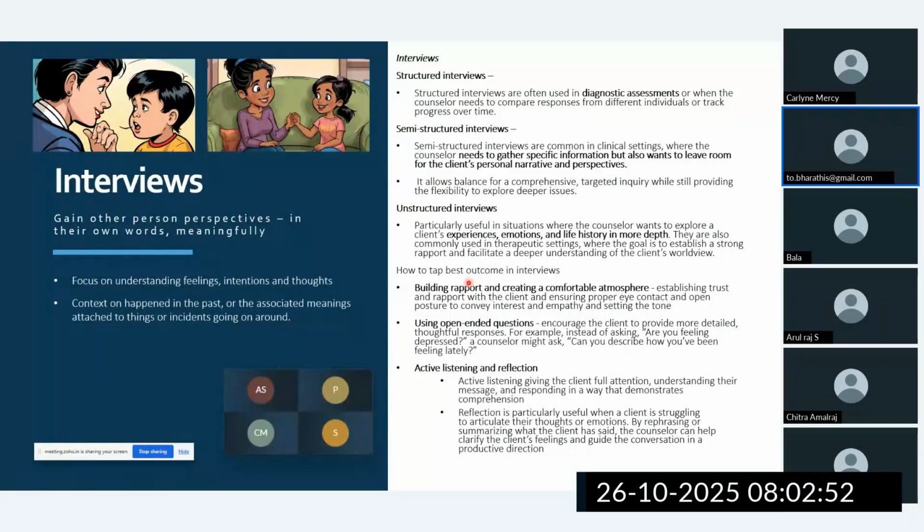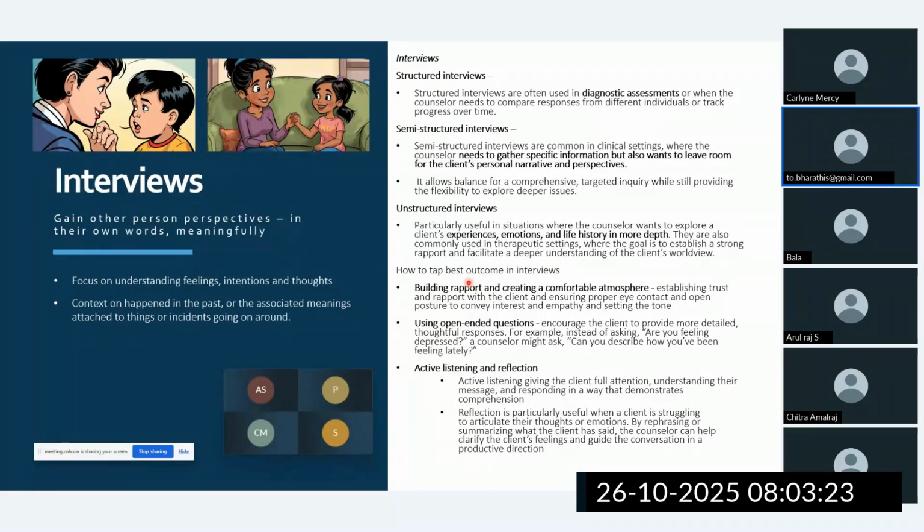So for me to really have the best interview as a counselor, what are the things that I need to do? I've called out a few things. If you see the pictures, the person should be able to make eye contact. On the other side, the kid is having a good rapport, holding hands, smiling, which means the child is really open and trusts the counselor, confident that whatever I tell will be kept anonymous as per their agreement.